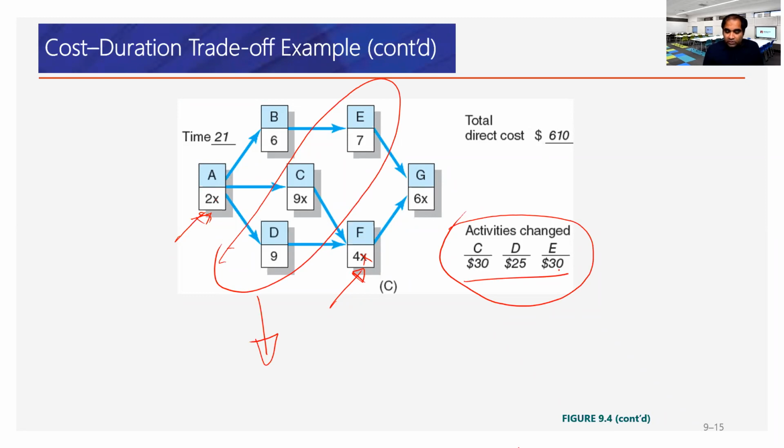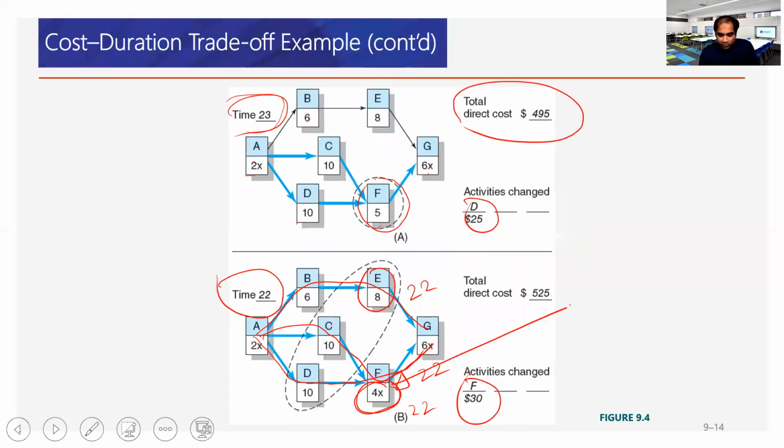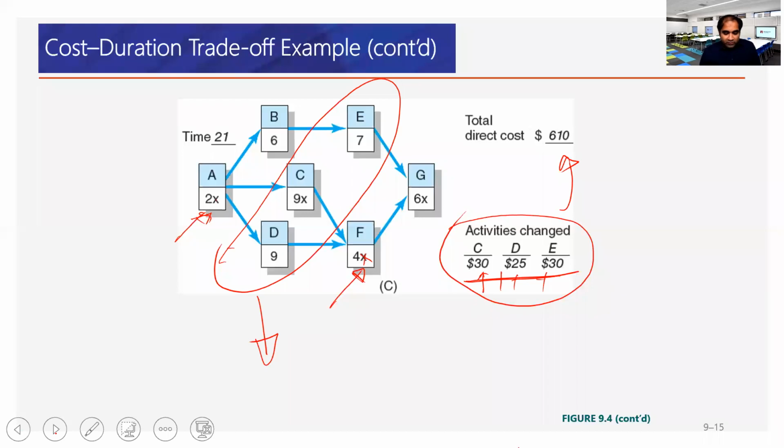So the unit cost will add up from this plus 25 plus 30. So that's a big jump. From 22, we now have 525. If we want to reduce to 21 days, that is 610. It's a big jump.